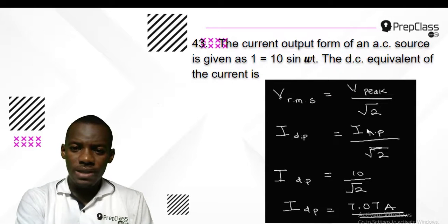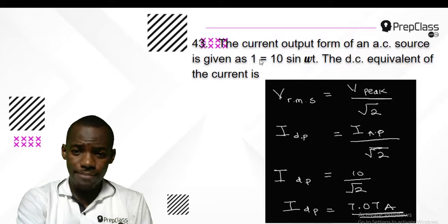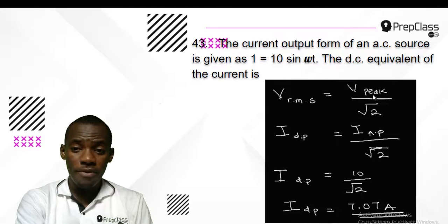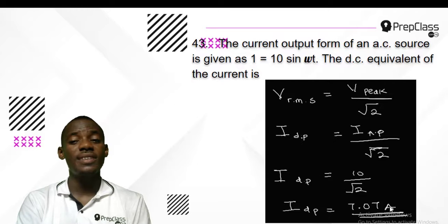So I'll plug in the value for the alternating current in the alternating current section here, and that will give me 10 over root 2, because this 10 is the alternating current, right? So I put it in the position for the peak, and the direct current is going to become 10 over root 2, which gives me 7.07 amperes. Don't forget that the RMS voltage is equal to the peak voltage divided by root 2.